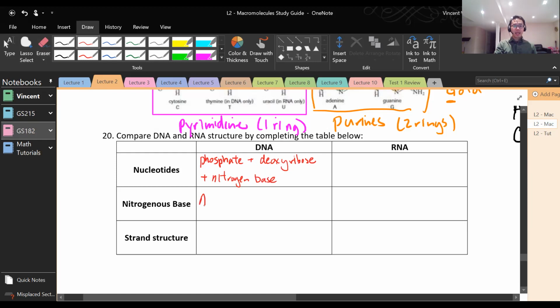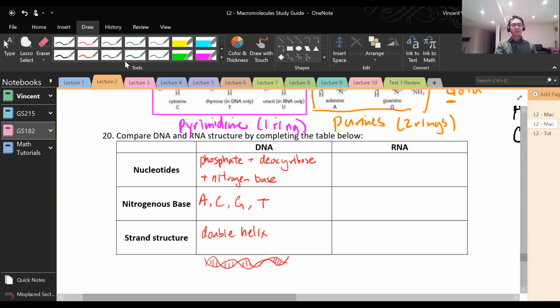And the base could be A, C, G, or T. And it's going to be a double helix. Okay, so it's going to look like this: 1 strand, 2 strands, and then you will have the base pair in between. It's like a twisted ladder, as they say.